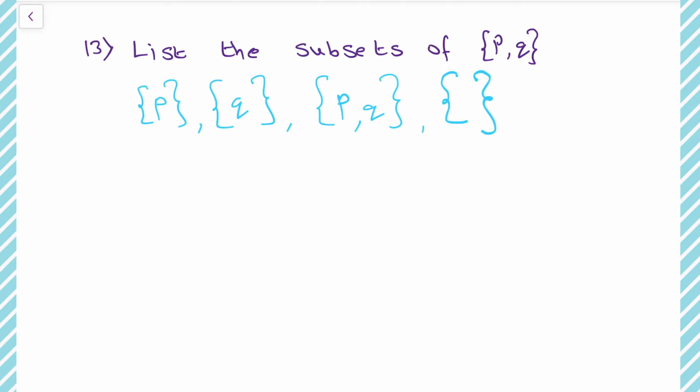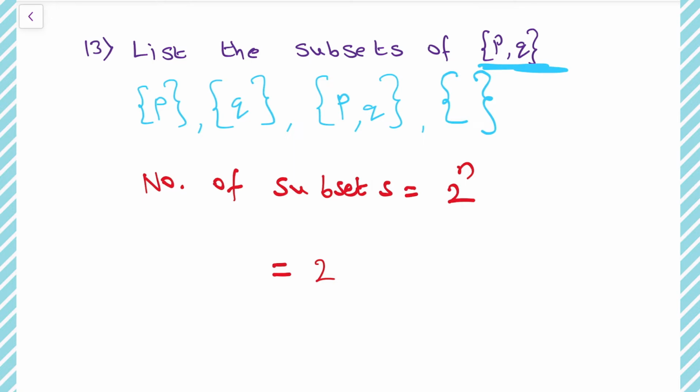Actually we have one formula also to find how many subsets there are. The number of subsets formula is 2 power n, where n is the number of elements in the given set. In this case, 2 elements are given. So 2 power 2, which is 4. So a total of 4 subsets should be there.